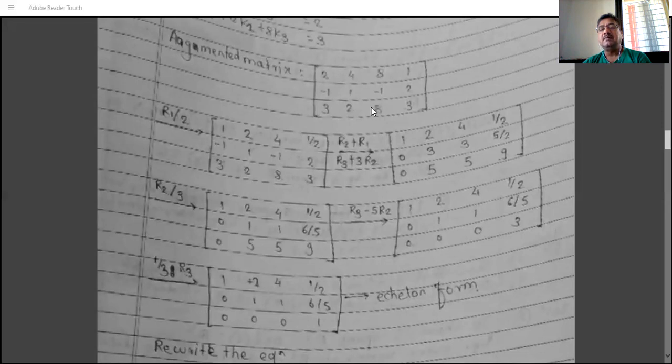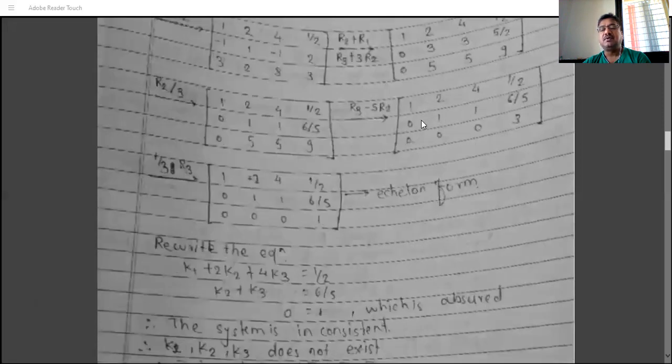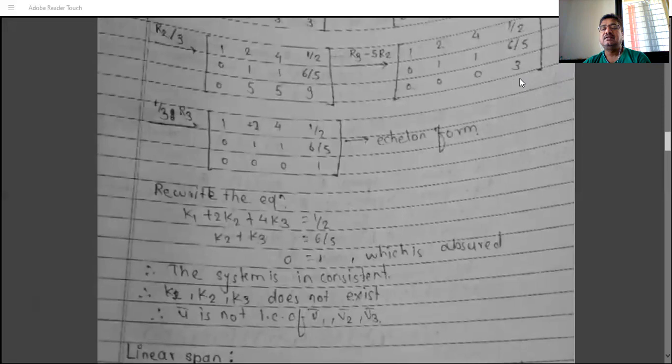If this element is 0, then multiplying 0 by any number does not give 1, so we have to reduce the next element to 1. So 1 by 3 R3. So we have 1, and this is an echelon form.